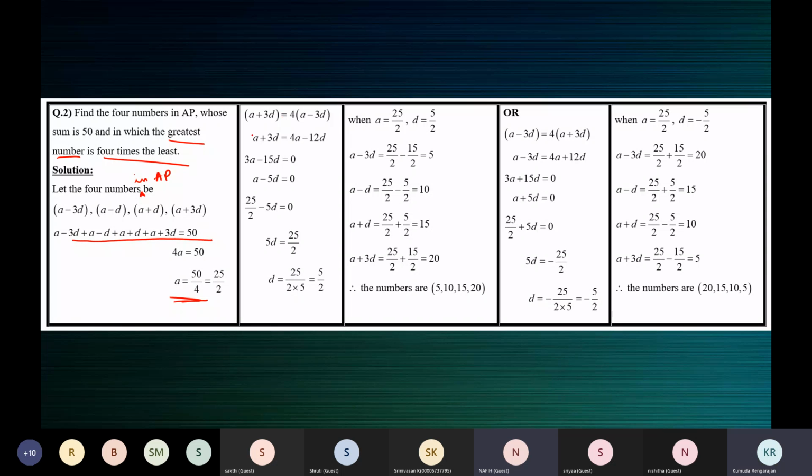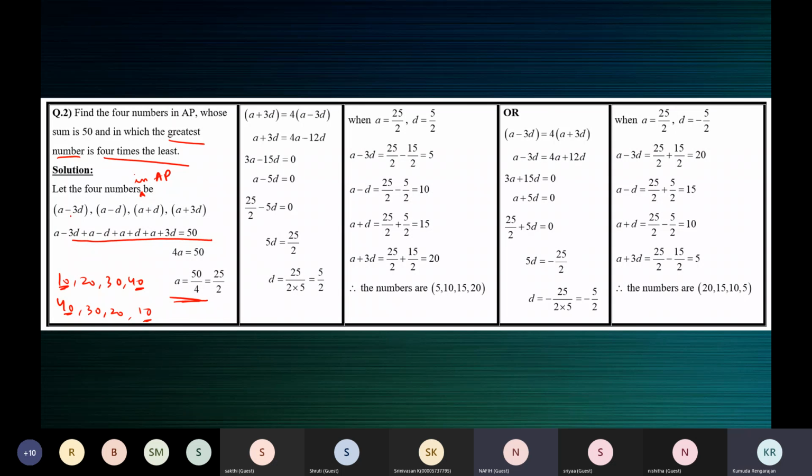You can actually do this in 2 ways, because you do not know which is the greatest. If the numbers are 10, 20, 30, 40, then this is the least number, this is the greatest number. But if the numbers are 40, 30, 20, and 10, then this is the greatest number, this is the least number.